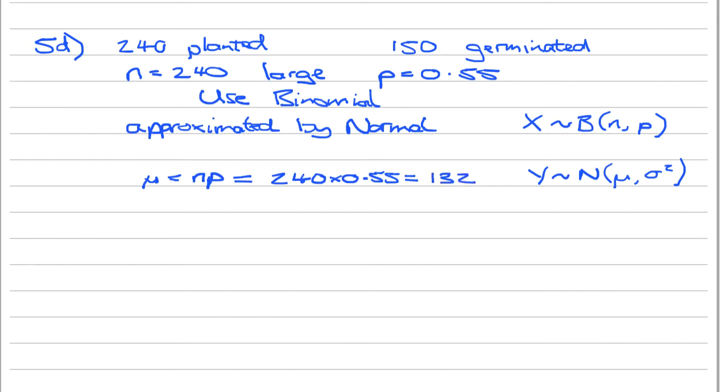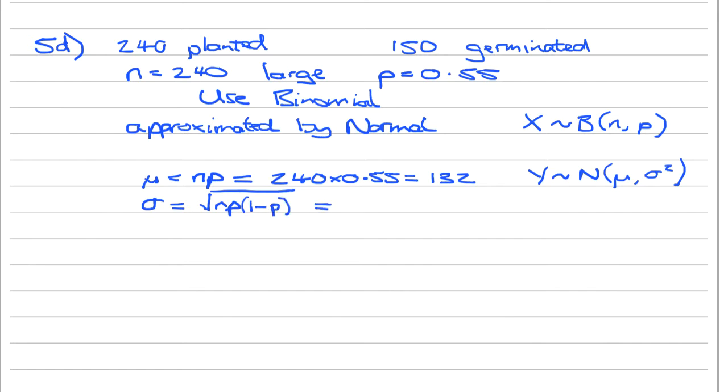132. And then we need to get our sigma, our standard deviation, and our sigma is the square root of np(1 minus p).